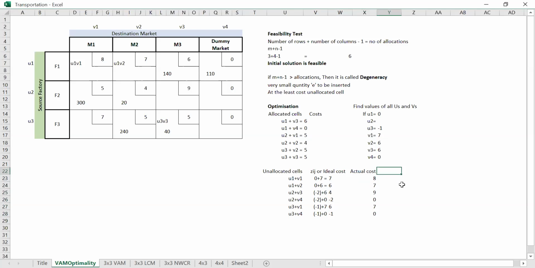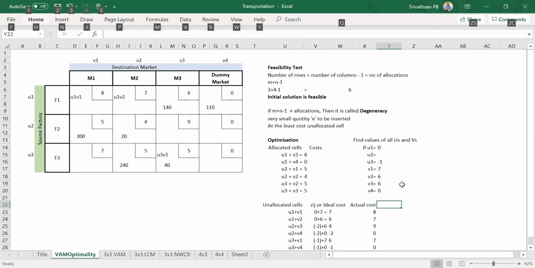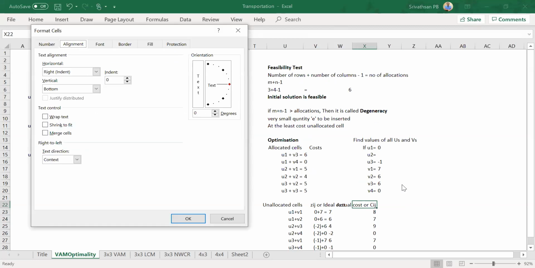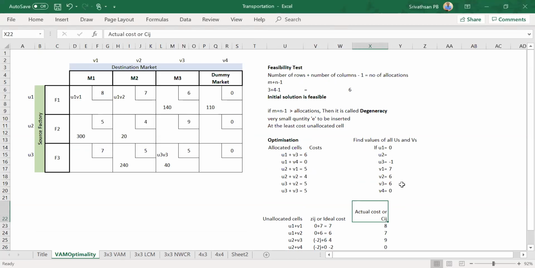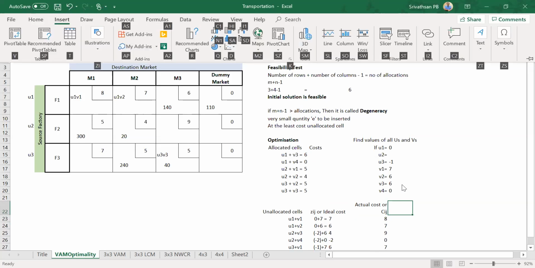So the next step is finding out the difference between actual cost, Cij, and Zij. Let me insert a shape.